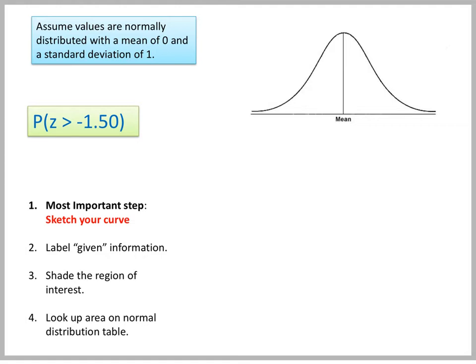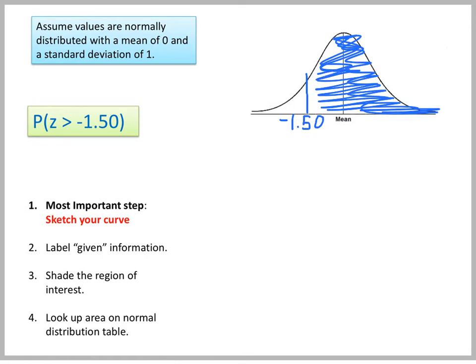Again, the mean is in the middle. My z is to the left of the mean, once again, because it's a negative value. So sketch it anywhere to the left and label it negative 1.50. But this time, I want to know the probability of being greater than my z-score. So I'm interested in all the values to the right.